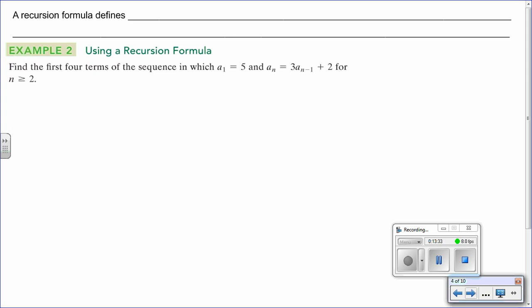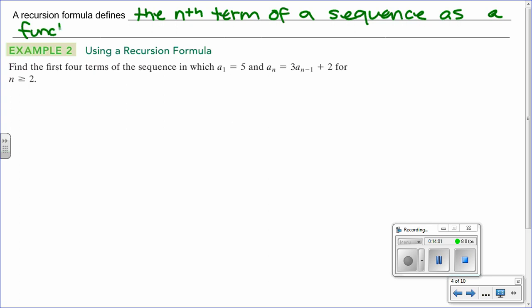It defines the nth term of a sequence as a function of the previous term.